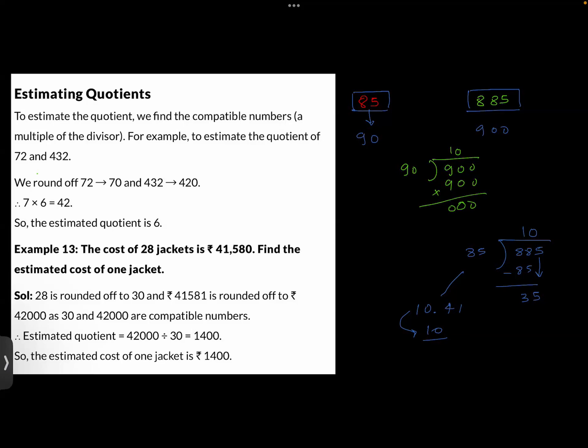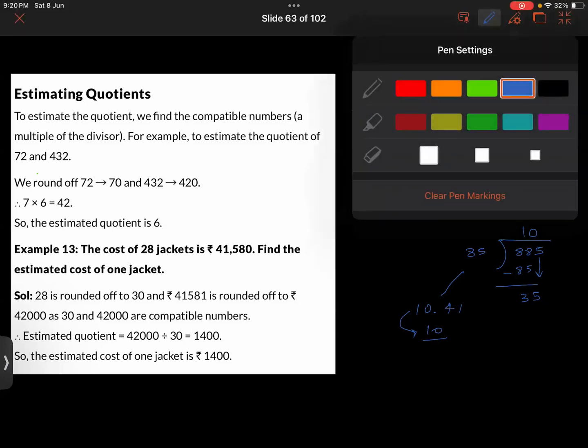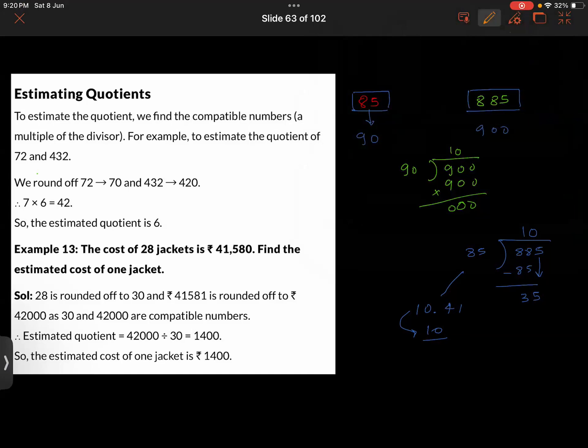See, after dividing, you would find the number in decimal. When we reach there, we will be learning about decimals also. But as of now, the answer you'd be getting would be around 10.41. So when you round off the decimal to the nearest 10, that simply rounds to 10. And here also the quotient was 10. So the answer we are getting is correct.